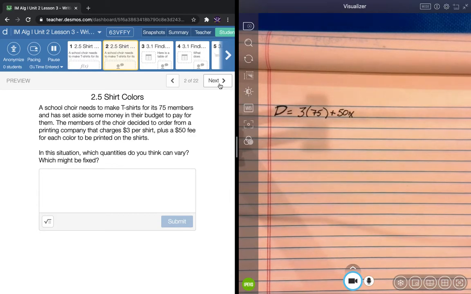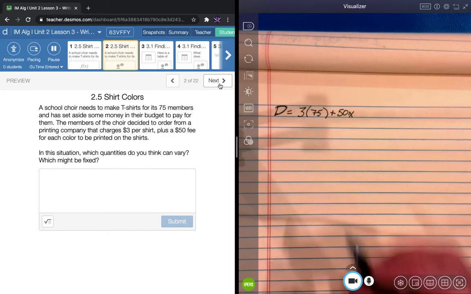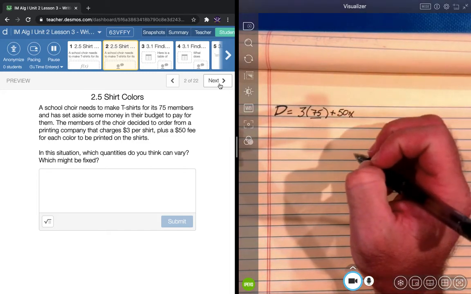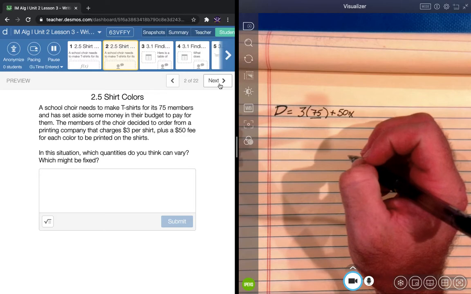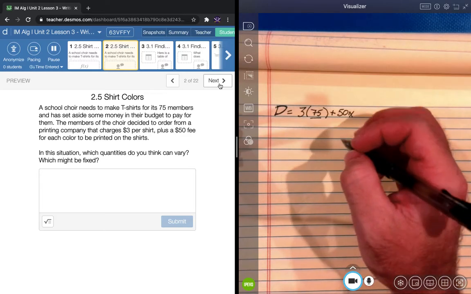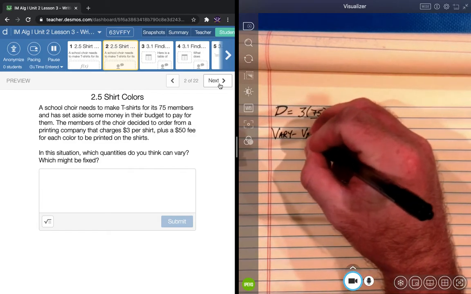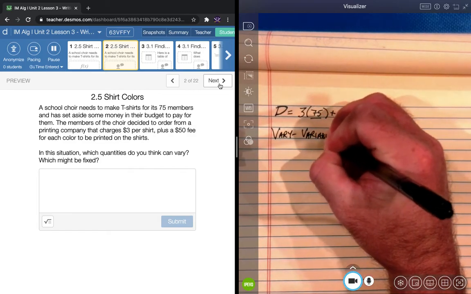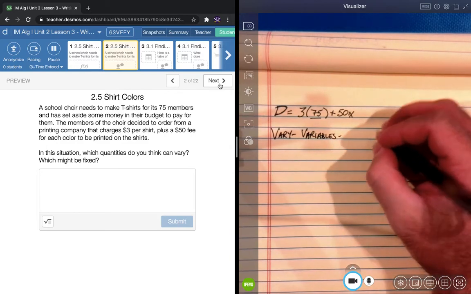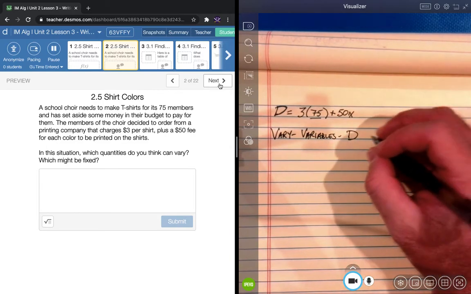Now, kind of reviewing this, in this situation, what quantities do you think can vary? Which might be fixed? We're really looking at this 75 members. I'm going to count that in the vary just because we could vary things. When we talk about vary, we're talking about our variables. For us, that's going to be the D, the total cost.